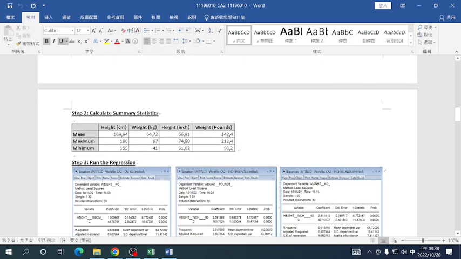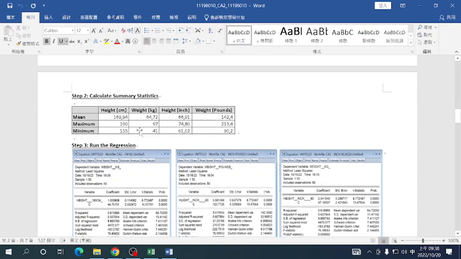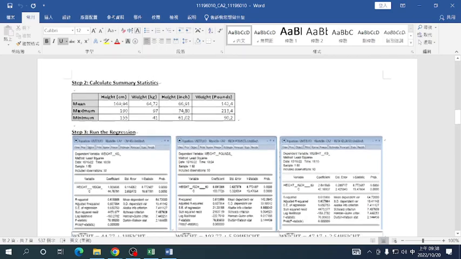So the height, the mean is 169.94. The minimum is from 155 until 190 centimeters. This is the mean, it's the measurements.